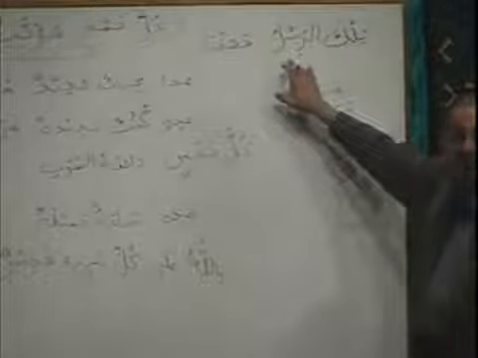Because we have not done maf'ul bihi, I am not going in detail. Why tilka rusul, why not ulaika rusul? Here Allah subhanahu wa ta'ala is using a broken plural, which is aqil, as a singular.